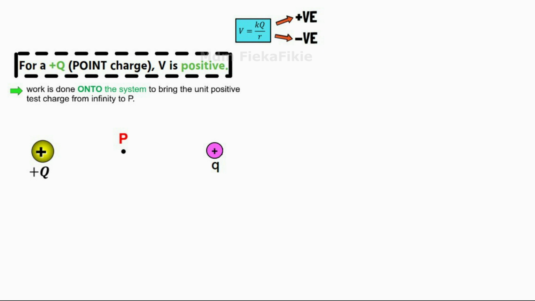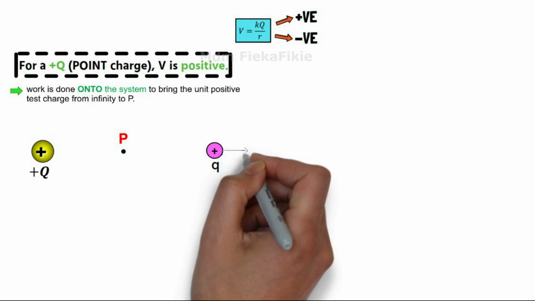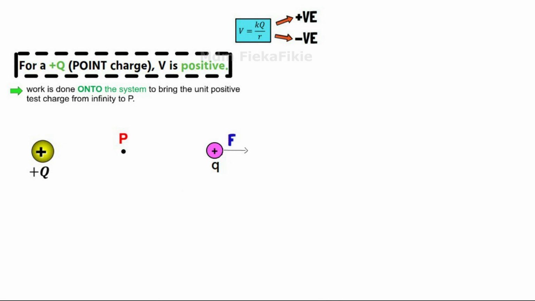We can draw here that the electrostatic force on each charge should be opposite direction and each will repel one another. What happened if we want to move this test charge to point P? We actually need to do some work.